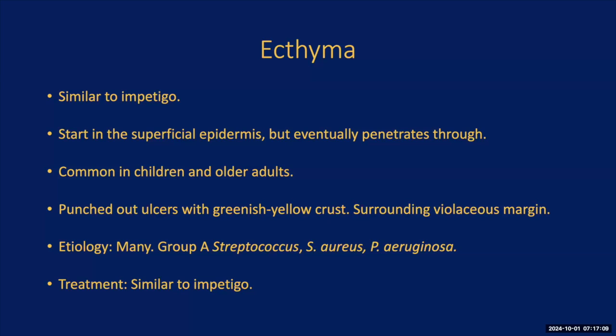And many a time there may be a greenish yellow crust and there may be surrounding violaceous margins or purplish discoloration. The most commonly implicated pathogens are group A Streptococcus, Staphylococcus aureus, and Pseudomonas aeruginosa. However, there are multiple other organisms that can cause it as well. Treatment is very, very similar to impetigo. Typically, local treatment is sufficient.